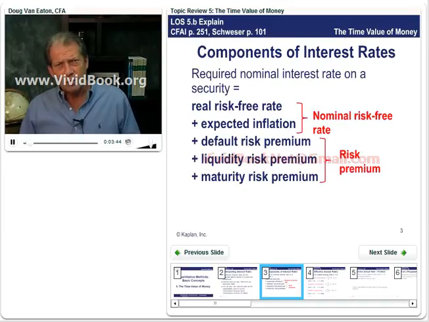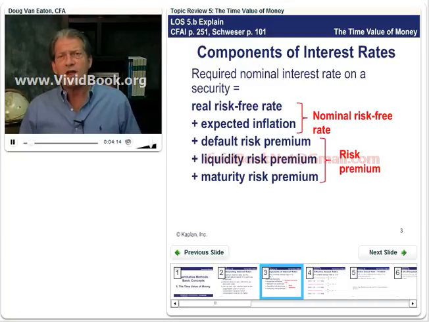So the real risk-free rate is, without taking any risk, or at least not any default risk, might still have inflation risk. But the real risk-free rate is how much more stuff you can have in the future. Now, when we add the expected inflation to that, we get the nominal risk-free rate. Nominal rather than real. Nominal tells us how many more currency units we get, how many more yen, how many more euros.